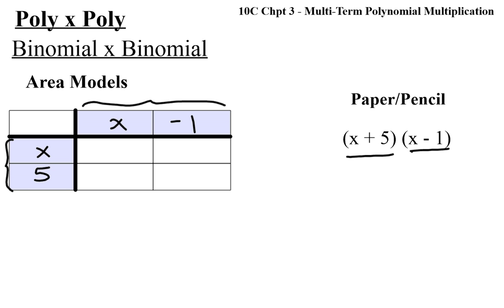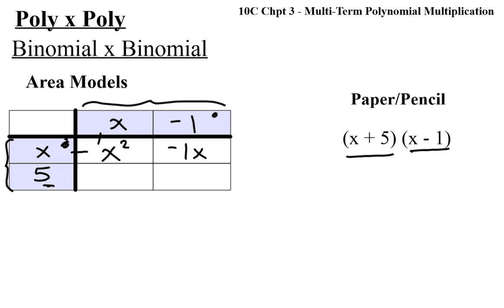When we have all these parts, we see that we actually have 4 multiplications that need to be done. It's not just 2, it's actually 4 of them. So let's fill it in. x times x gives us an x squared. x times negative 1 is a negative 1x.